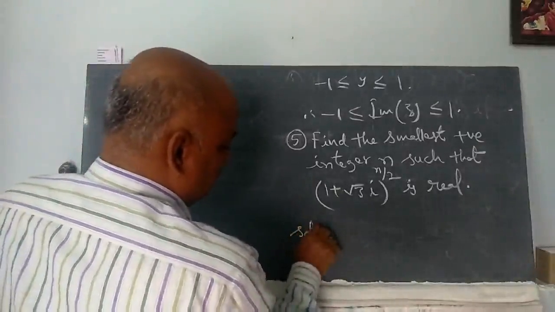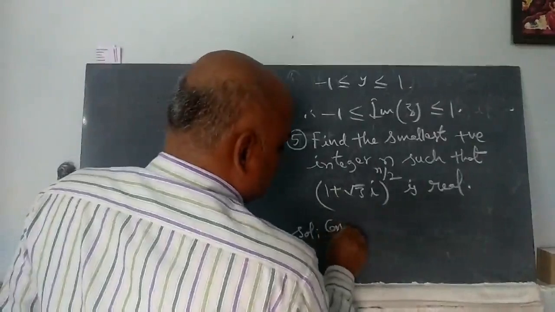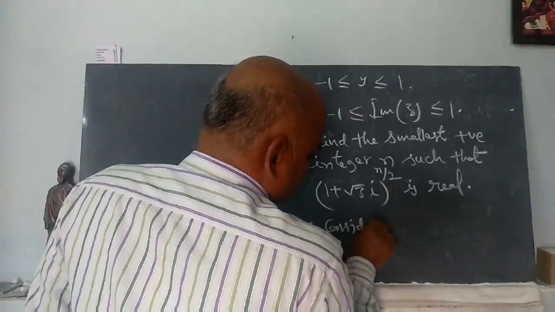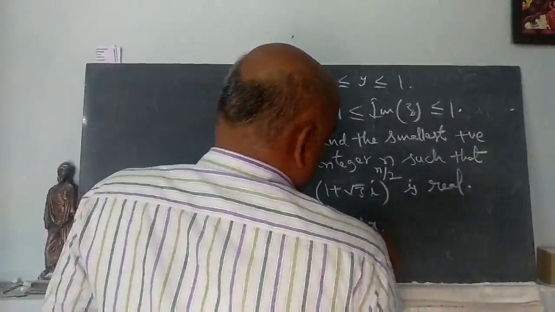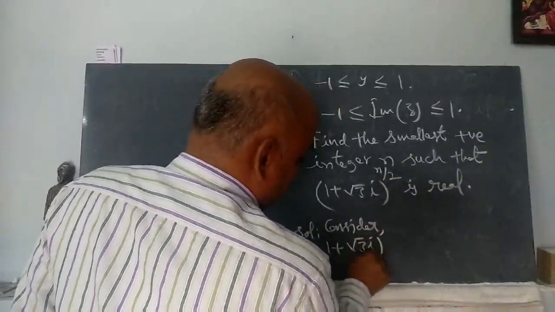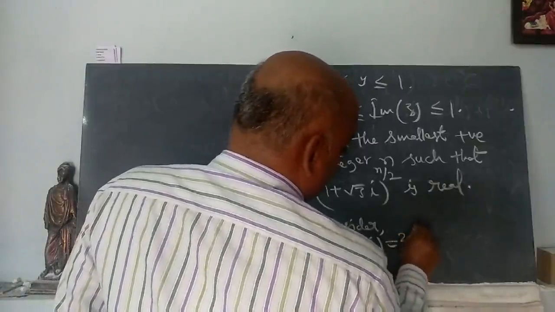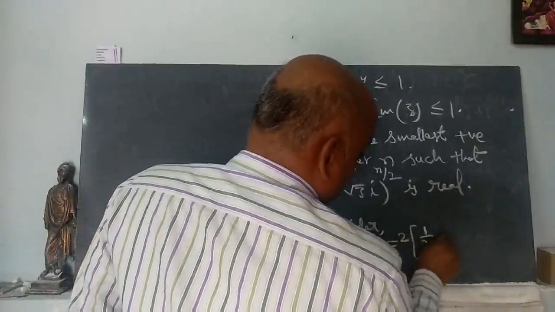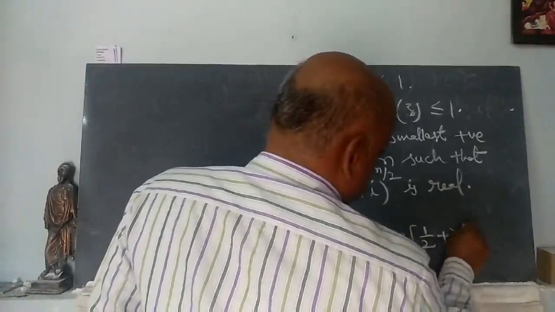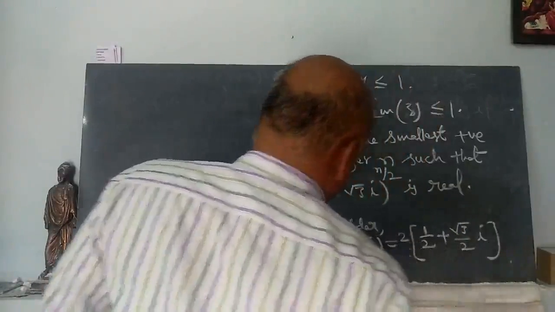Solution. Consider 1 plus root 3 i. This is equal to multiplying and dividing by 2. So 2 into (1 by 2 plus root 3 by 2 into i).